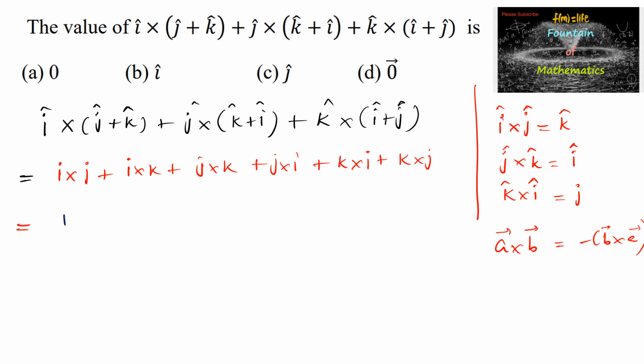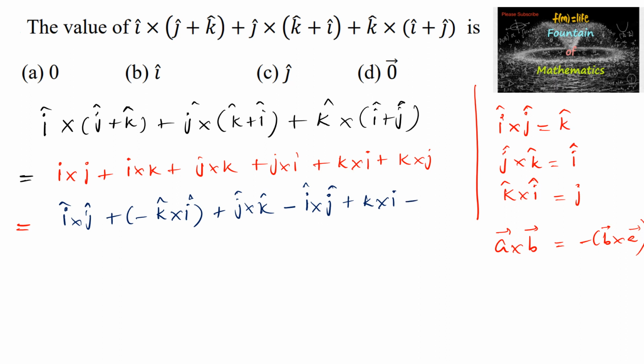So we can write i cross j, and i cross k we can write as negative of k cross i, and j cross k, and j cross i we can write as negative of i cross j, and plus k cross i, and k cross j we can write as negative of j cross k.